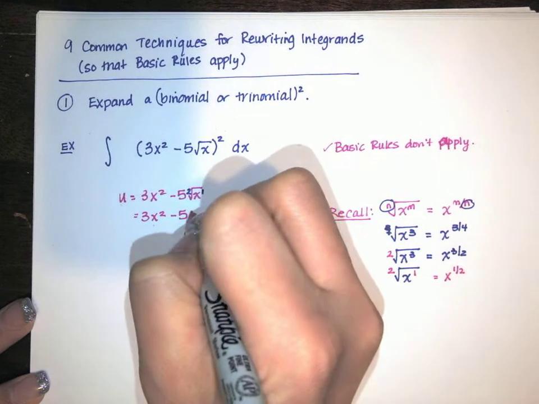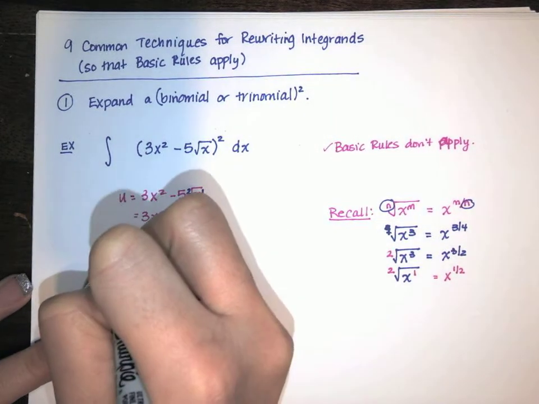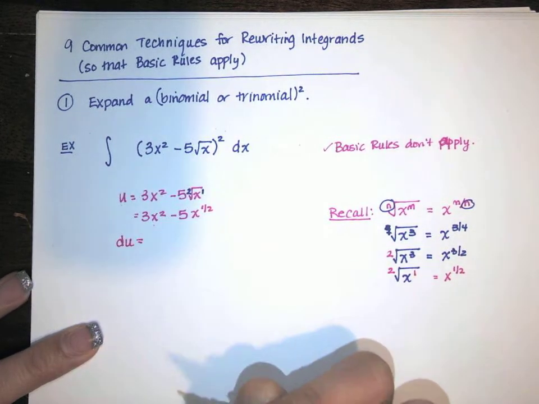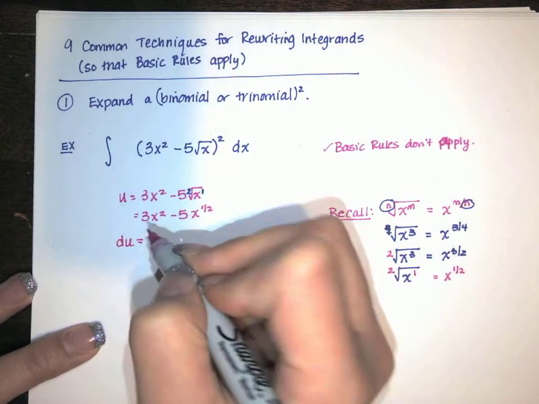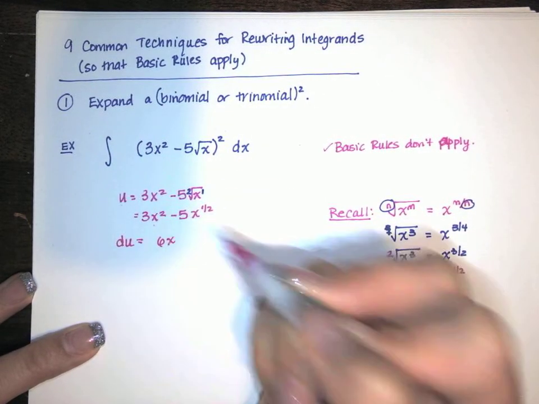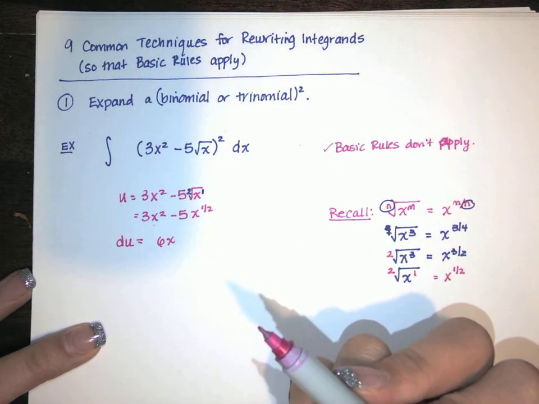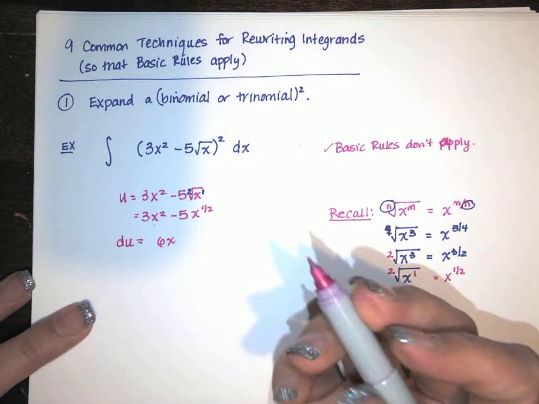We write that this way first, and then we take the derivative because we're trying to see if u-sub will work. The derivative of this is, well, 3 times 2 is 6. We bring the x down, multiply by x to the 1 less power. 2 minus 1 is 1.